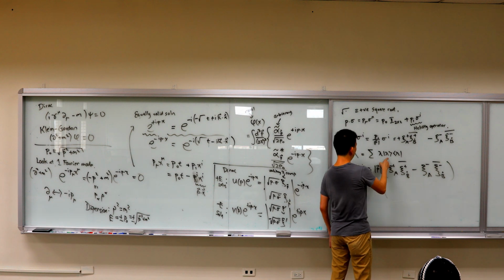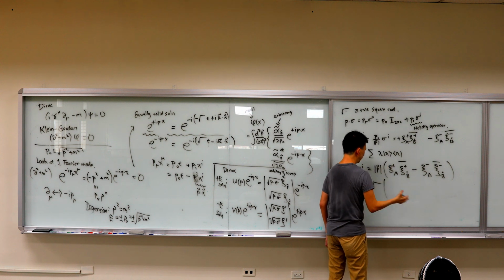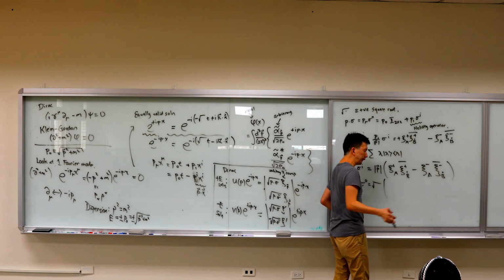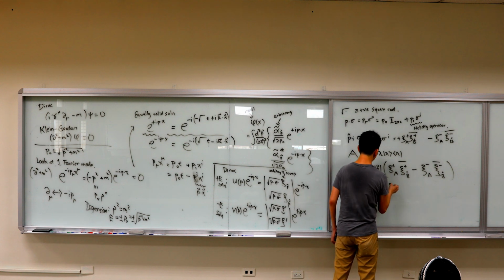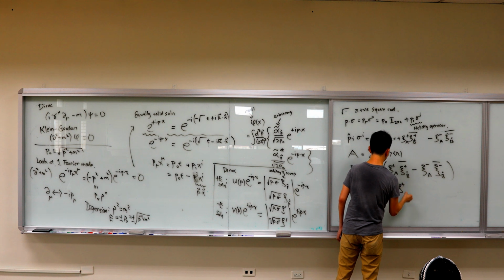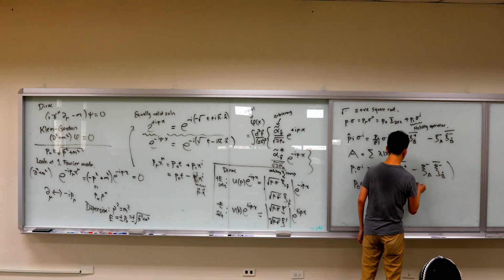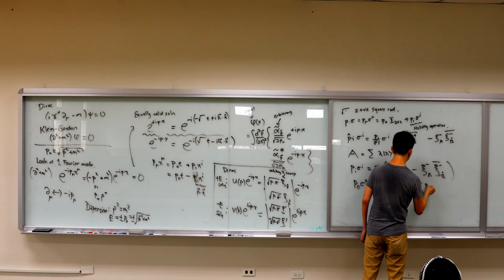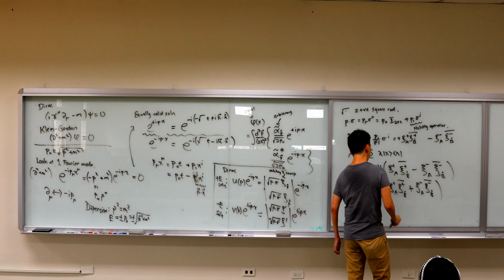But remember that for a Hermitian operator, its orthonormal eigenstates can be used to span the space that you're in, which means that the identity operator itself, you must be able to write it in terms of the orthonormal basis. Just a basic fact about linear algebra.